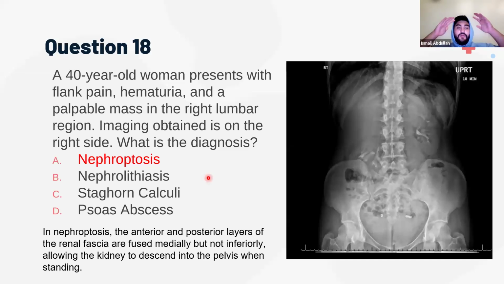It's because the anterior and posterior layers of the renal fascia are not fused inferiorly. They're shaped like this, but from inferiorly, they're not fused. It's not closed. That's why it allows the kidney to drop. Okay, there are white spots in the pelvic region.